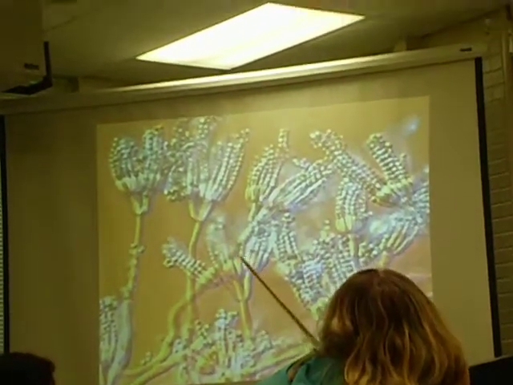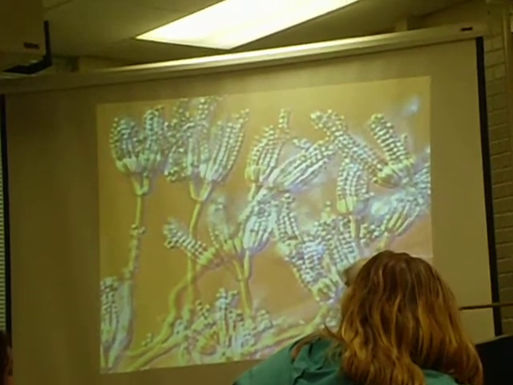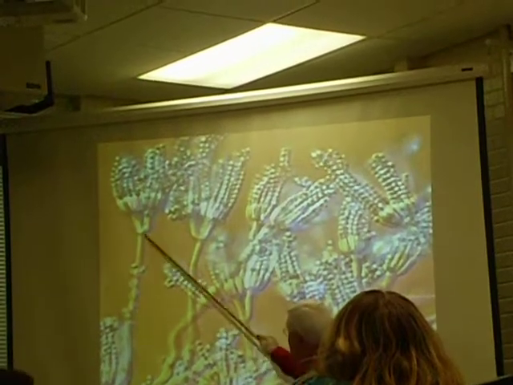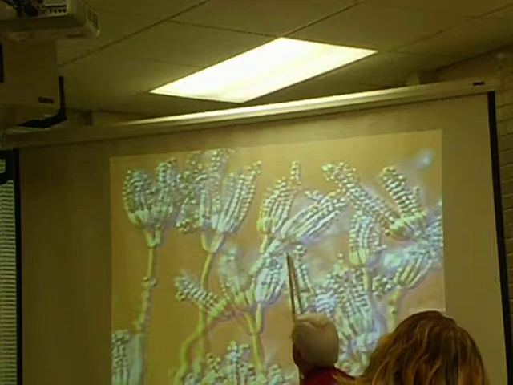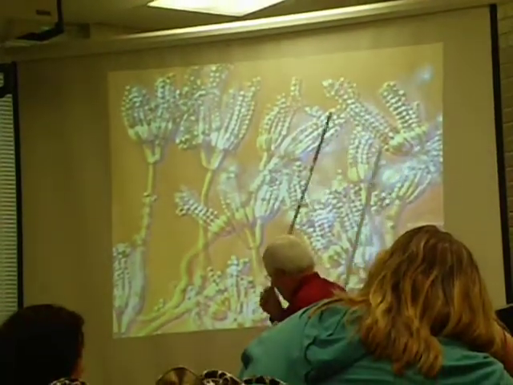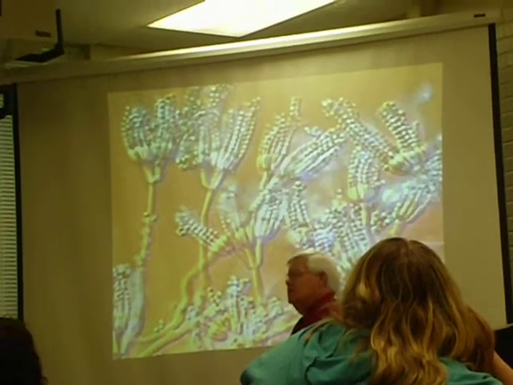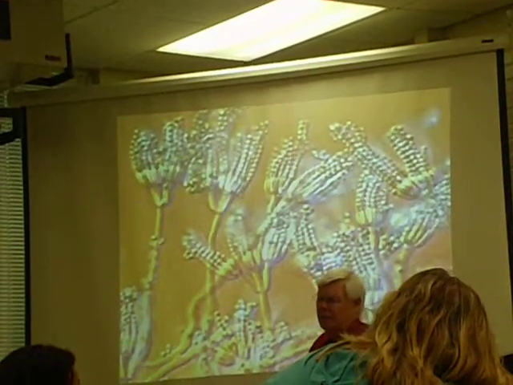What are these? Those are conidia. If they are conidia, then what are these? Conidiophores, and these little ball bearings? Conidiospores. If you had to guess, what division would you think they are from? Deuteromycota. What type of reproduction?